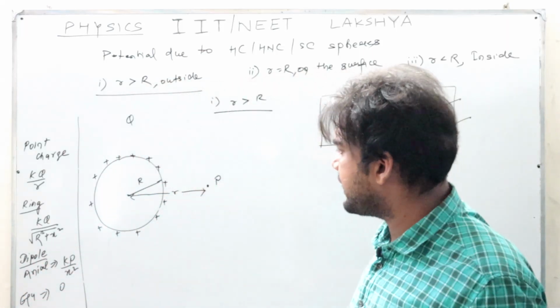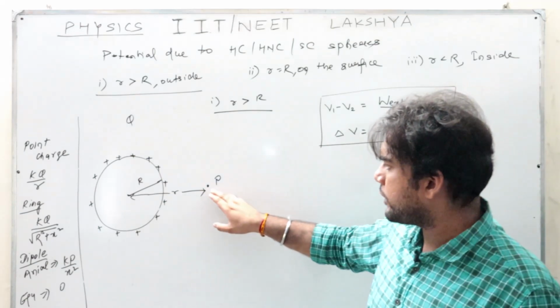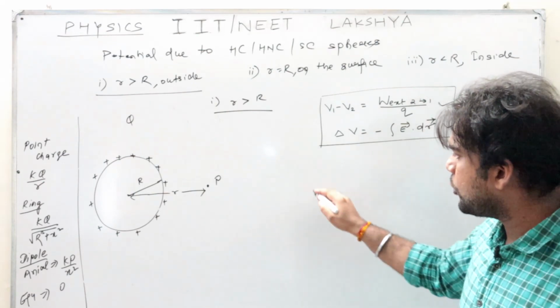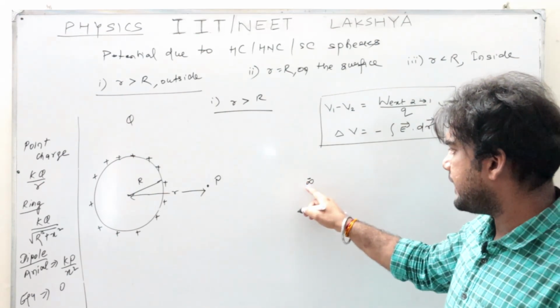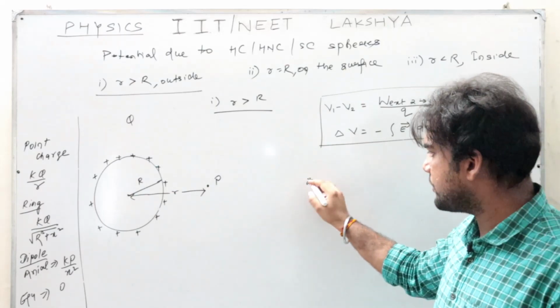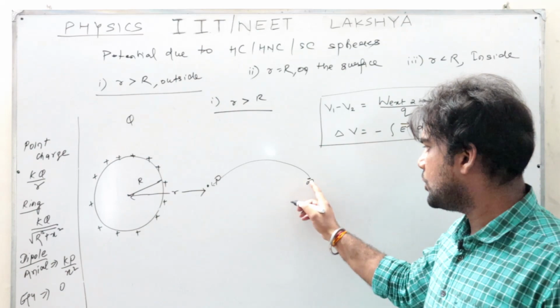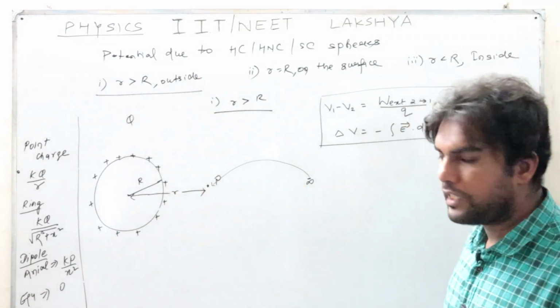So to calculate the potential at this point P, we are going to bring a charge from infinity to this point P, and we will calculate the potential difference.